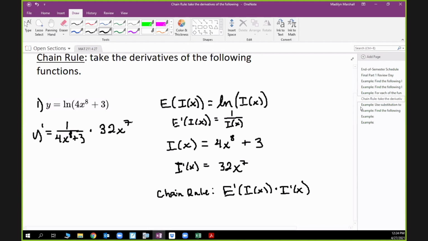Once we have those two parts, we can just put it all together. It's not simplified really as it's written in this first line. So that 32x to the 7th just hops on top, and we have our derivative.